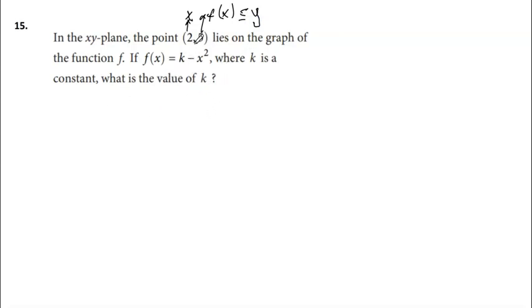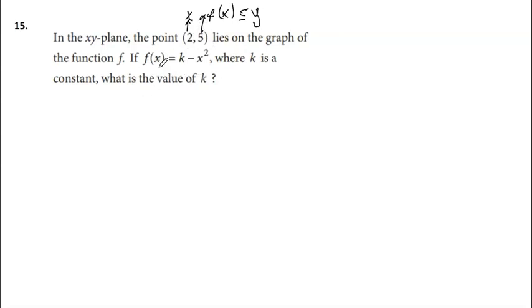So here, if it says this point lies on the graph, another way we put it is it satisfies the equation of the graph, meaning that it makes it true, right? It's part of the graph, all right? So what you do is you just substitute the point given into the equation, right?